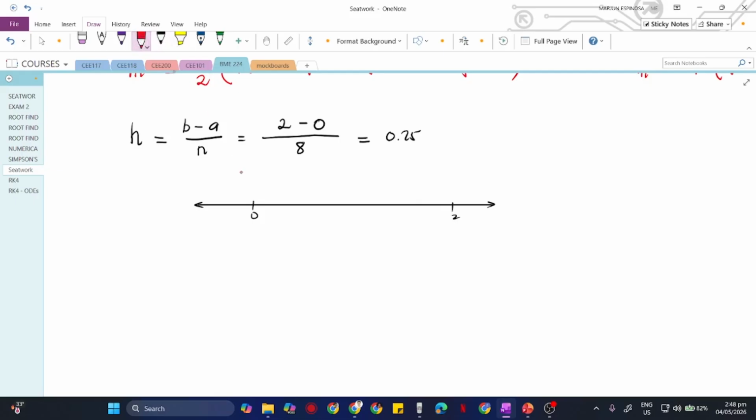And then 0, then tapos 0.25, then 0.5, then 0.75, then 1, then 1.25, then 1.5, and then 1.75, and then lastly 2. So, ilang subintervals to? Meron tayong isa dito, 2, 3, 4, 5, 6, 7, 8. 8 subintervals yan. So, that's correct.